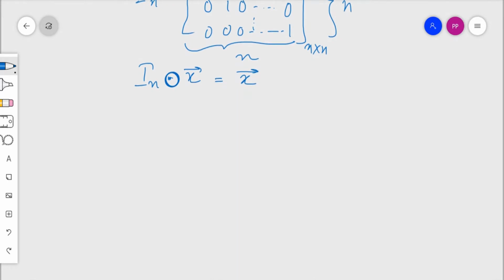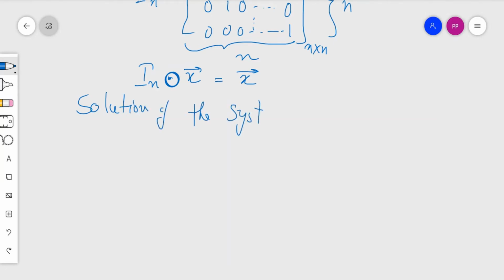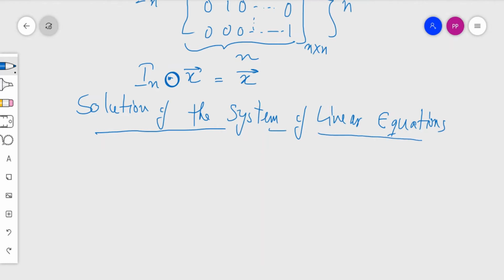With the help of this, let us find out the solution of this system of linear equations. So this is in compact form Ax equal to b.